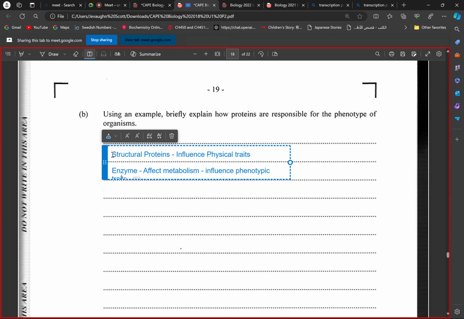We could look at transport proteins specifically, like hemoglobin molecules. So the structure of your hemoglobin and different types of transport proteins will influence the physiological health.